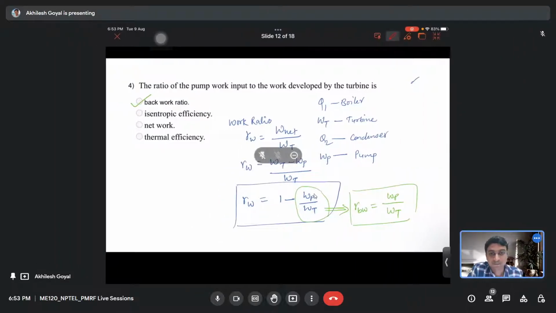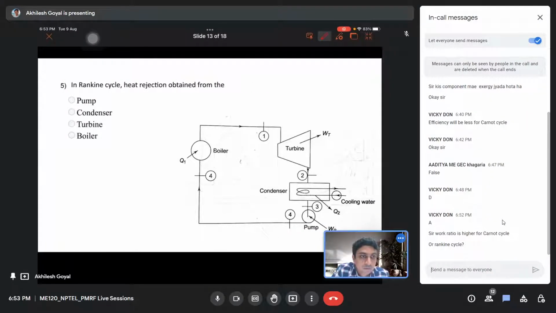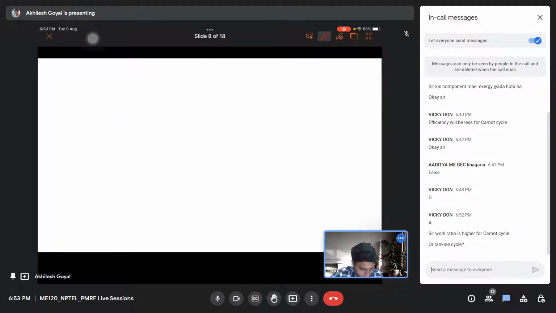Yeah, Vicky, you are right. Okay, so let's move to the next question. Vicky asked, is work ratio higher for Carnot cycle or Rankine cycle? It's a good question. Let's go back to the comparison diagram.